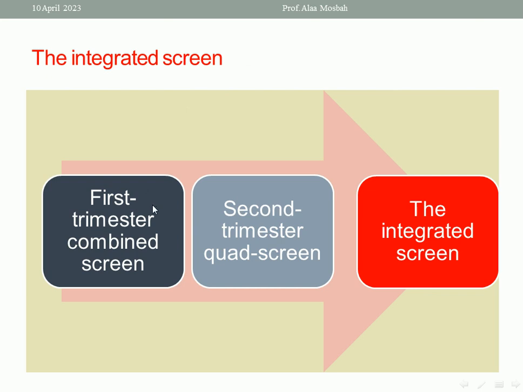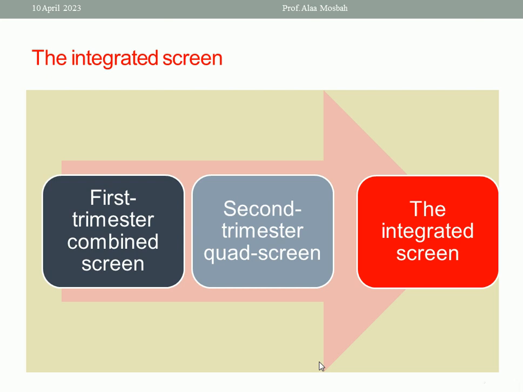The case already had the first trimester combined screen, okay, and I didn't give her the result till we did the second trimester. Combining both the first trimester combined screen and the second trimester screen gives me the integrated screen, with more accuracy in the result in such condition.